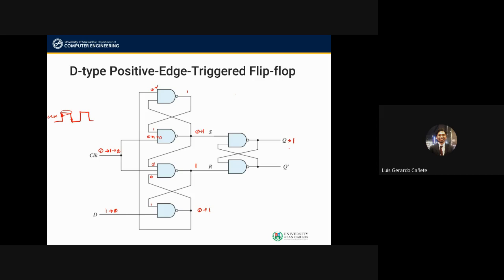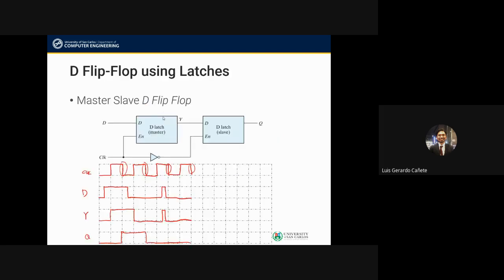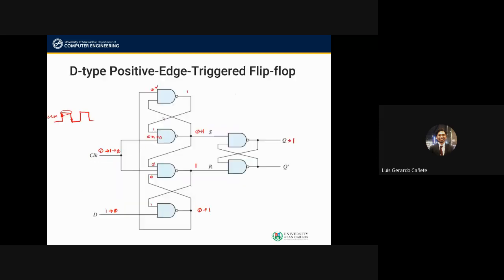Okay, so flip-flops are either implemented using this one, a master-slave flip-flop, or with this one, using SR flip-flops. So I think that the implementation is dependent on the type of circuit that you have.